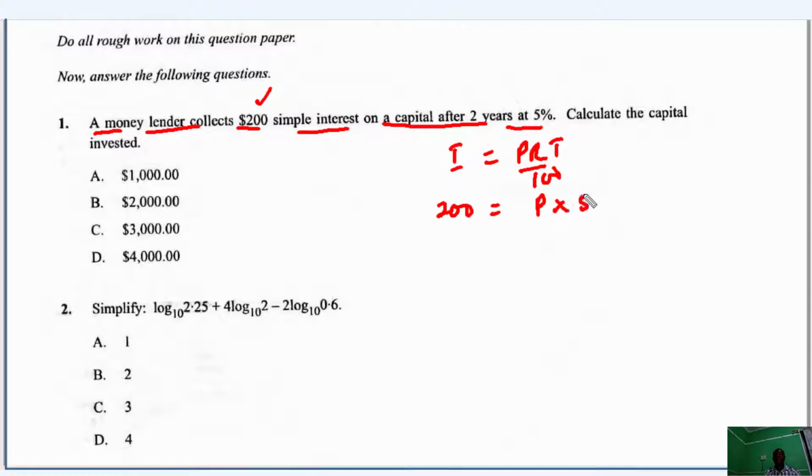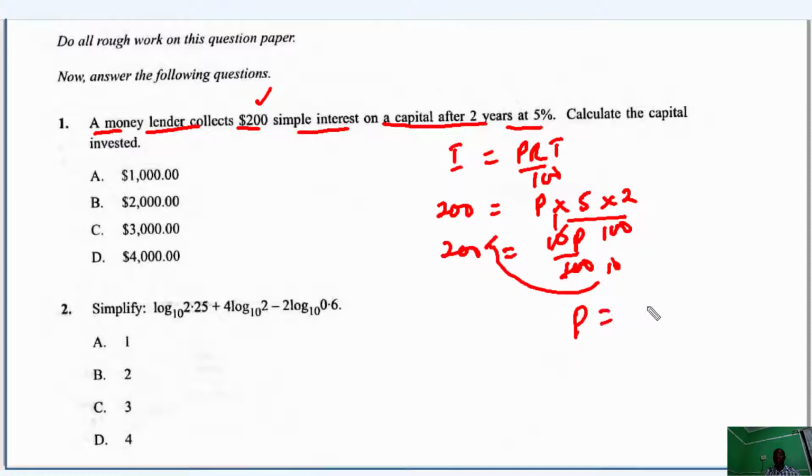Our rate times time is 5 times 2 over 100. So 200 is equal to 10P over 100. This 100 will cancel here, this one will be 10, and this one will cross multiply here. So our principal will be $2,000. So you come here and take your answer.